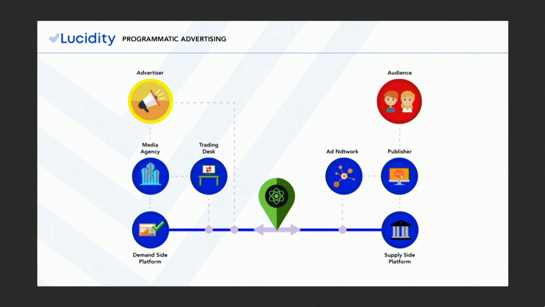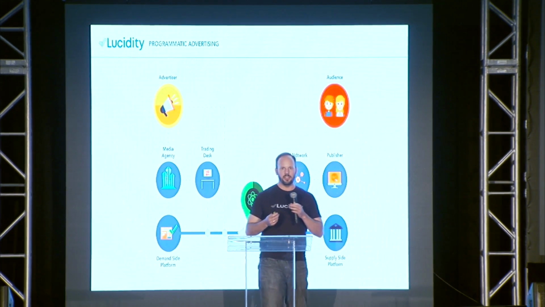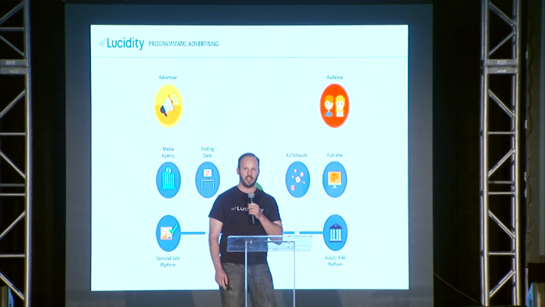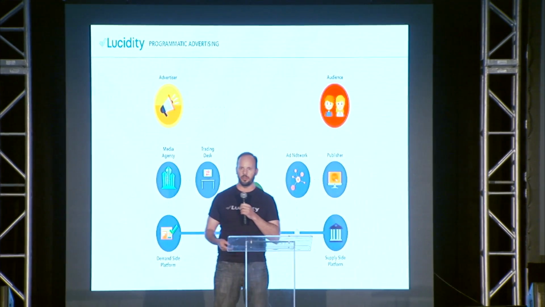Advertisers were aggregated on the demand side, and on the supply side, apps and websites got aggregated. In the middle, there was a giant exchange where advertisers could reach their targeted audience at scale on whatever app and website they were reaching.